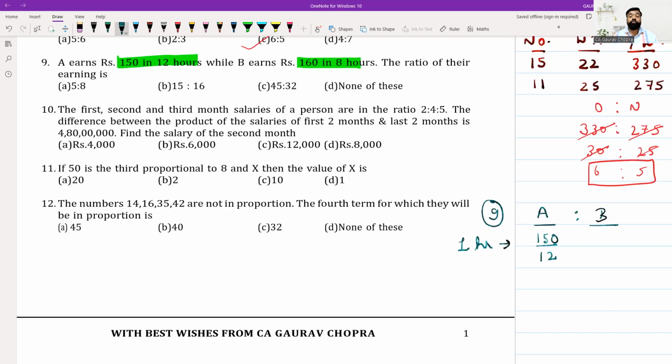B will earn 160 upon 8. इतना B earn करेगा. Now we have to calculate the ratio. We have to find the simplified ratio. So let's simplify them. इसको आपने cancel कर दिया, it becomes 20. And here also you can cancel. इससे cancel करेंगे directly from 6. This is 2 and this is 25.